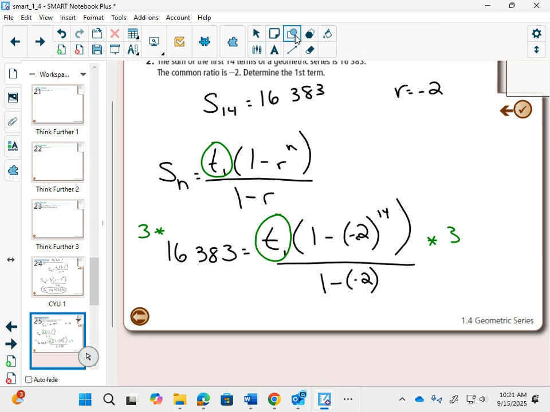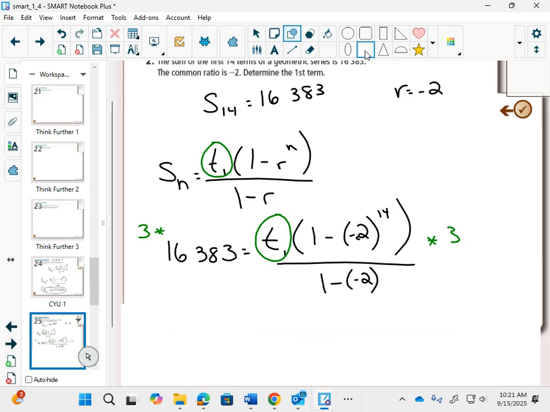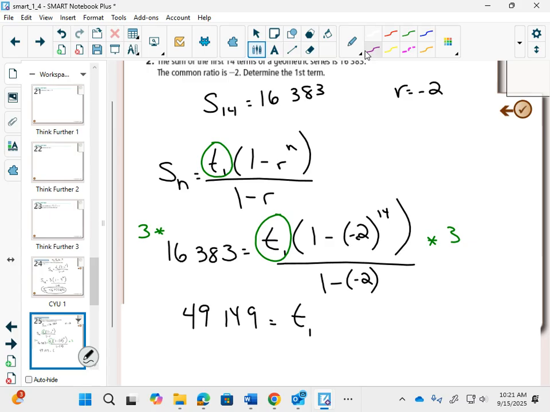Showing my work here, and going to my calculator and doing that as well. 16,383 times 3 is 49,149, which equals term 1 times the rest. And I'm also going to do this part in my calculator.